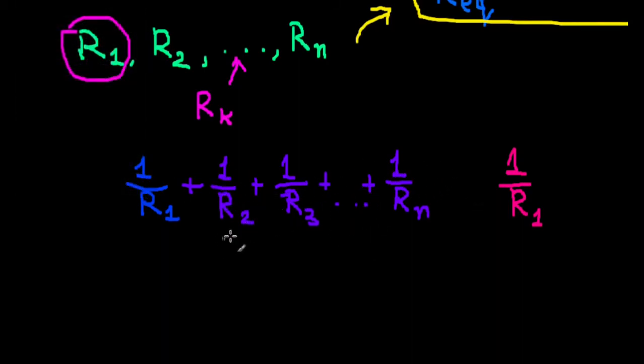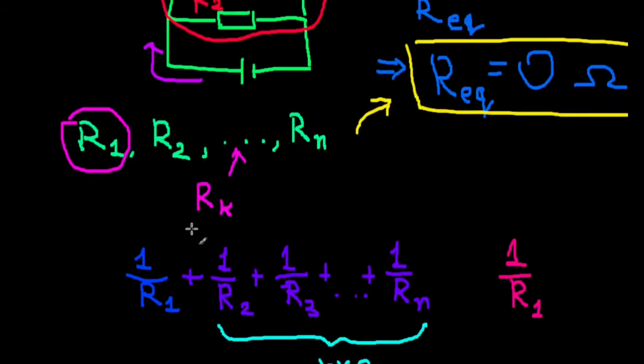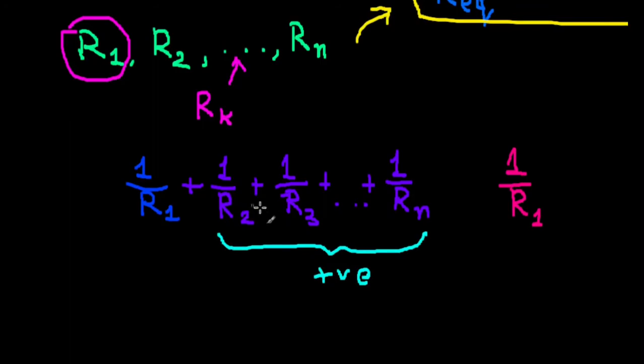Now what is going to happen? I added some positive numbers, right? All of these are going to be positive because resistance is positive. I'll assume there's no short circuit in any of these, so their sum is also going to be some positive number. So I'm adding some positive number to 1 by R1, so this is going to be greater than 1 by R1.